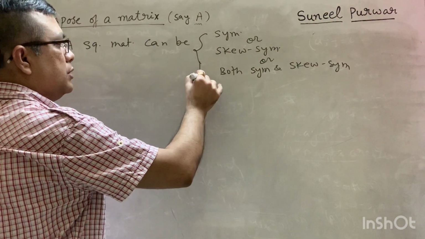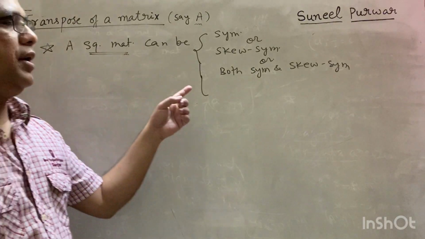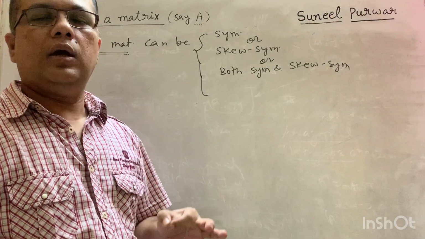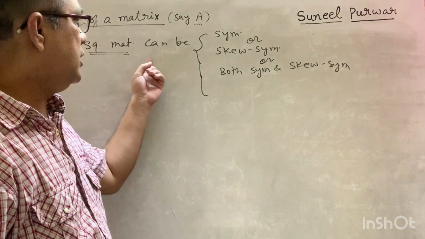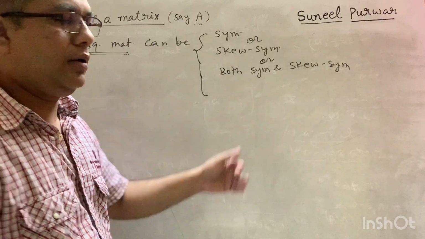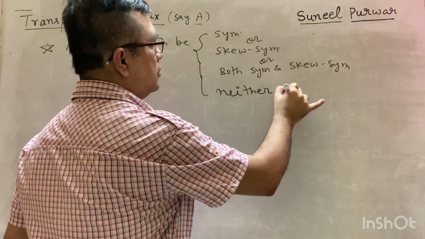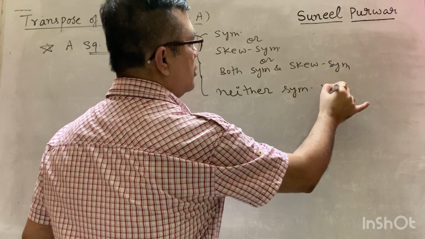And the fourth situation for a square matrix is that it may be neither symmetric nor skew symmetric.